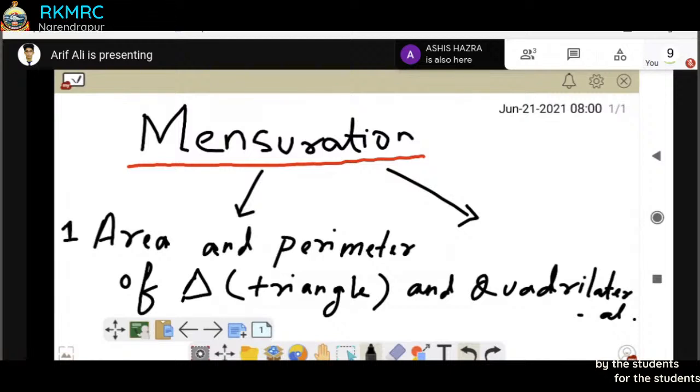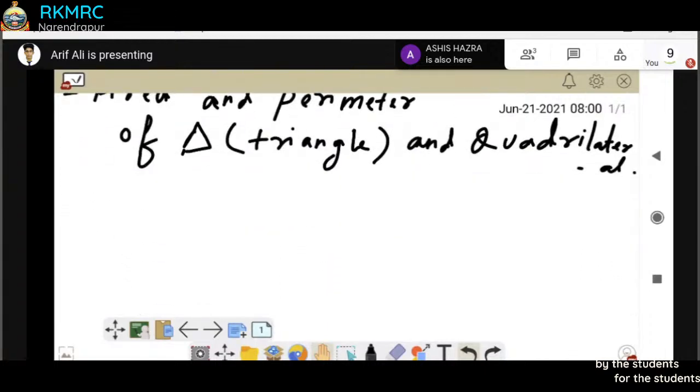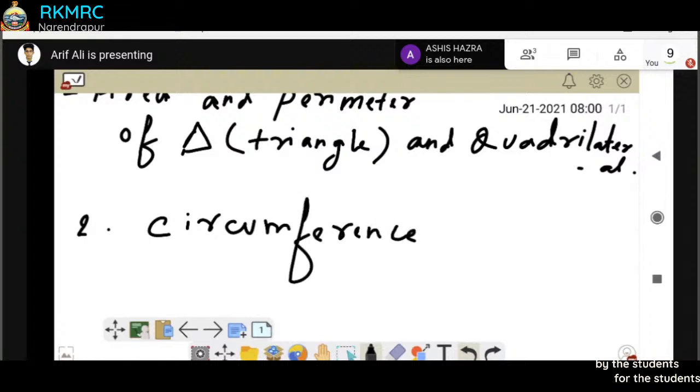This is number one, and number two is circumference of circle. So these are two topics we will be studying.